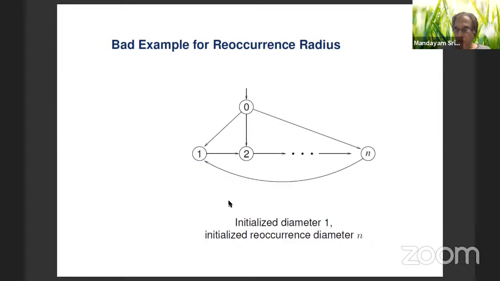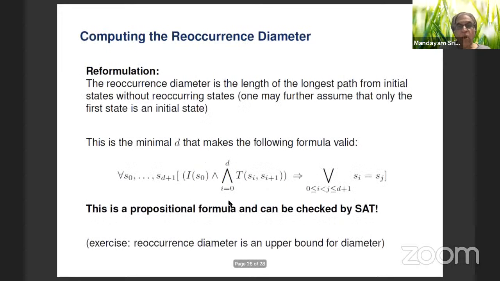So this is easier to express as an instance of SAT solving. It can be computed as the minimal D that makes the following formula valid. What is this formula saying?